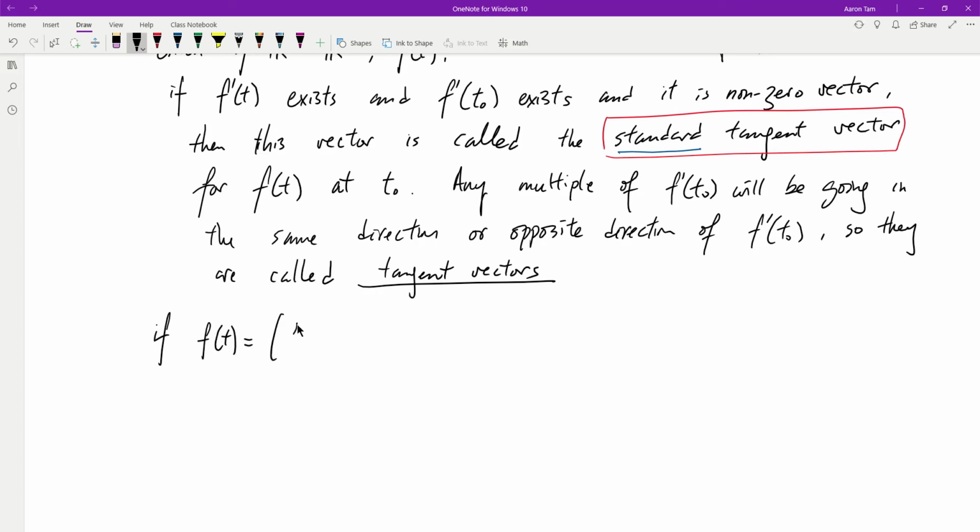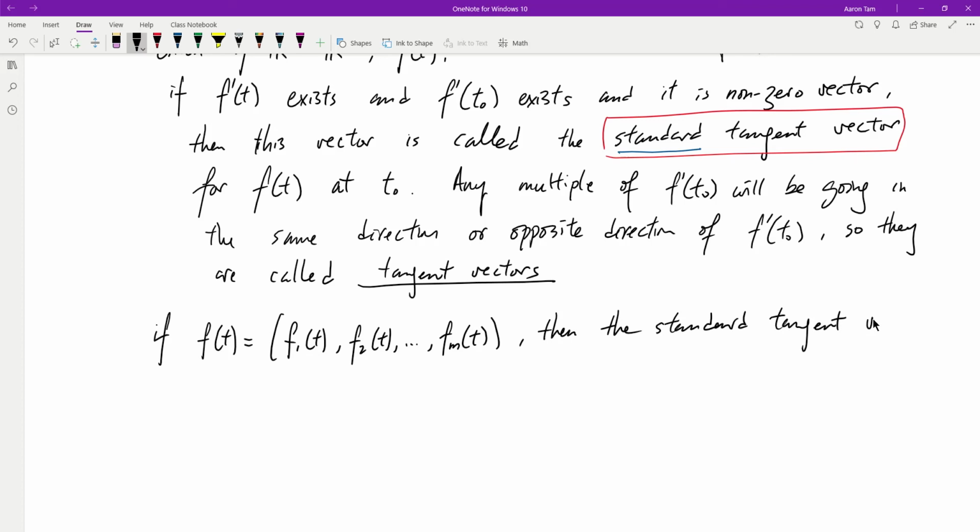So if f of t is equal to, let's say, f1 of t, f2 of t, to f sub m of t, then the standard tangent vector is f prime of t, which is equal to f1 prime of t, f2 prime of t, dot dot dot, to f sub m prime of t.